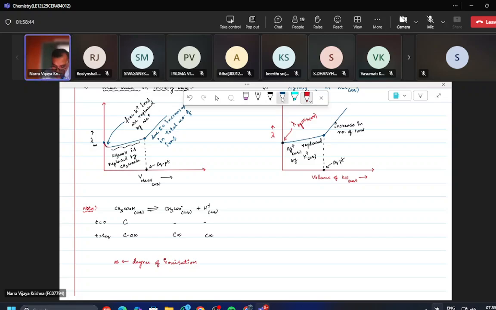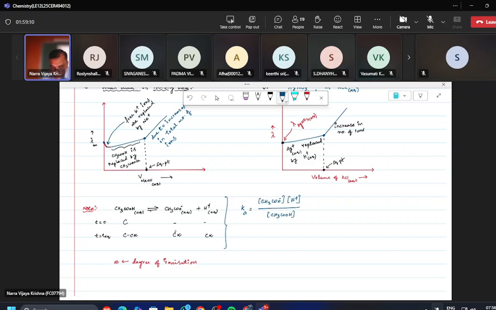Then what is the equilibrium constant? K equilibrium, or can I call it Ka, for acid? So Ka equals the concentration of CH3COO minus into the concentration of H plus upon the concentration of CH3COOH.